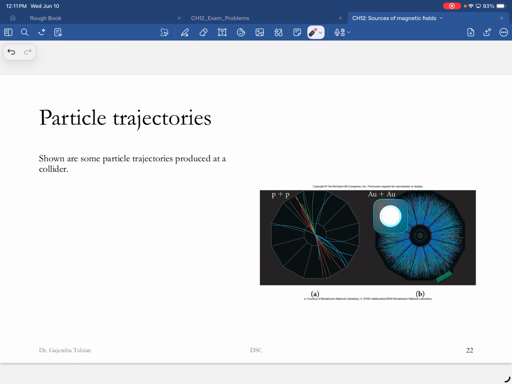This is gold and gold nuclei colliding there. This is a proton-proton beam colliding there. When a charged particle travels in a magnetic field, its track bends, and from the radii of the track you can figure out the mass of the particle created.